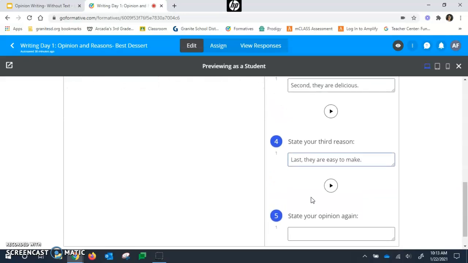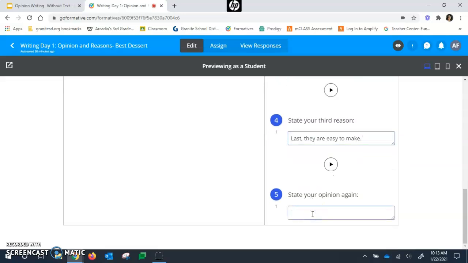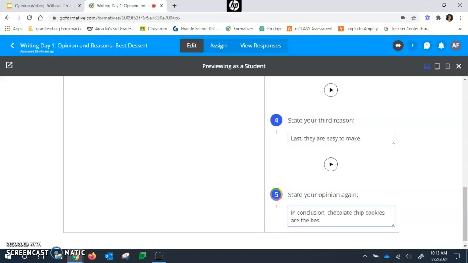Because remember, you're not trying to explain just yet. You're just giving your reasons to support your opinion. And then here at the end, we're going to state our opinion again. And since this is the end, we're going to start our sentence off with in conclusion. And I'll say chocolate chip cookies are the best dessert to eat.